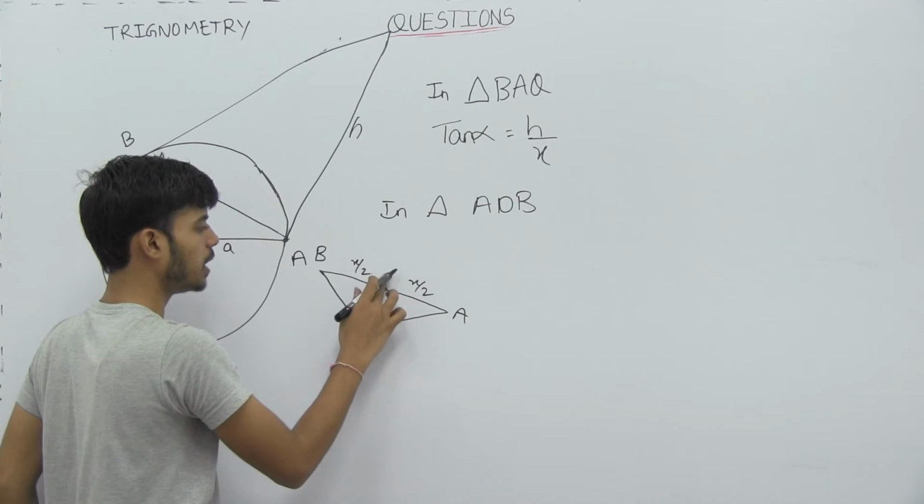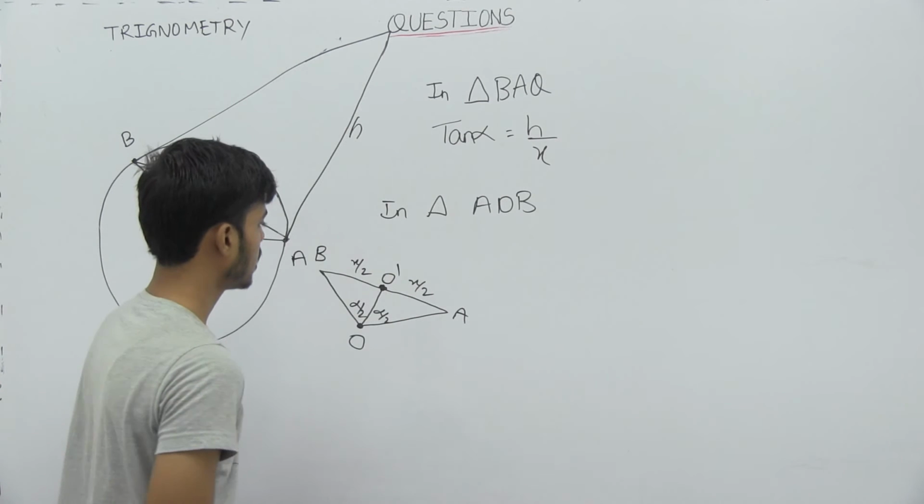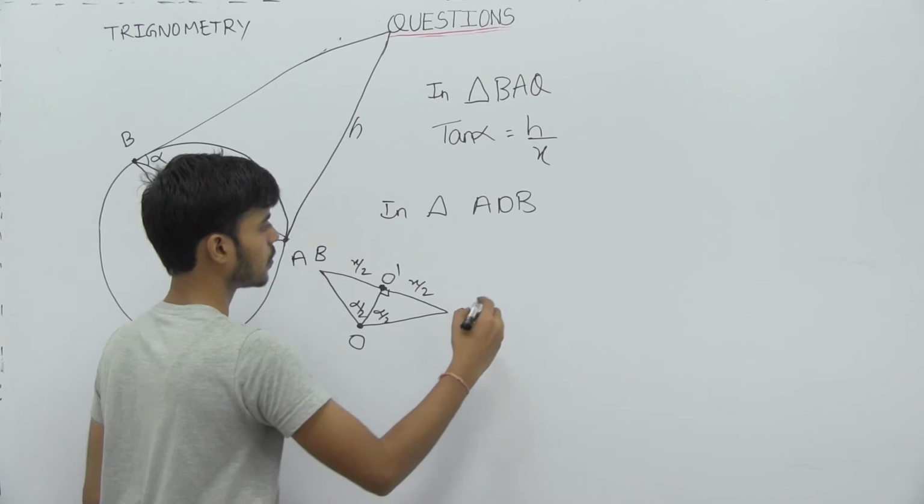Let this point be O dash and this is perpendicular.